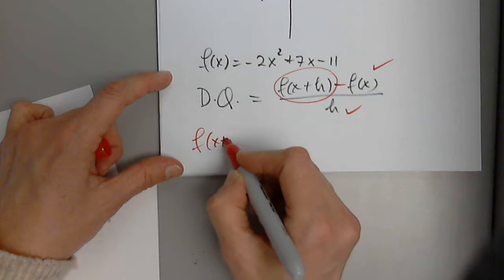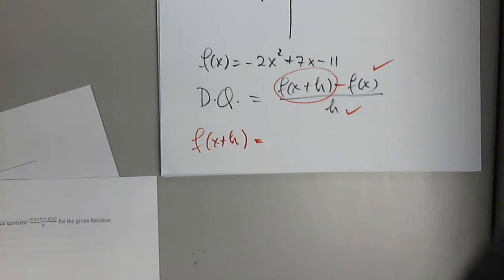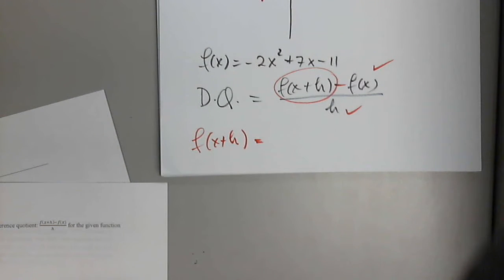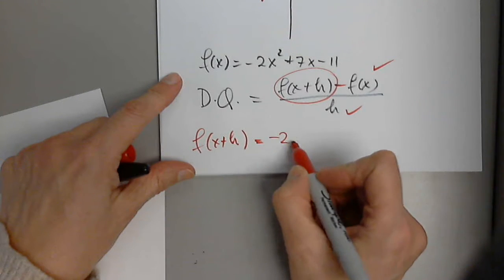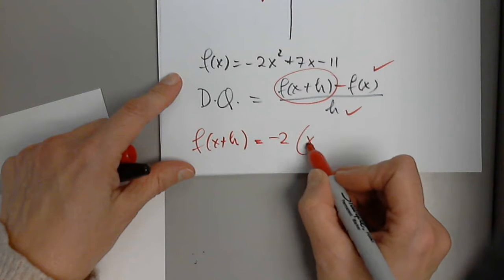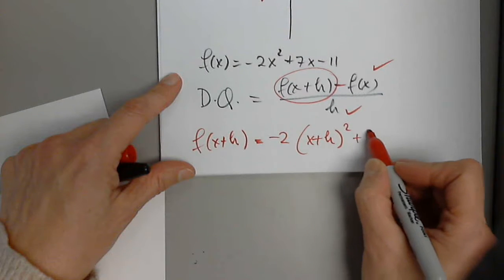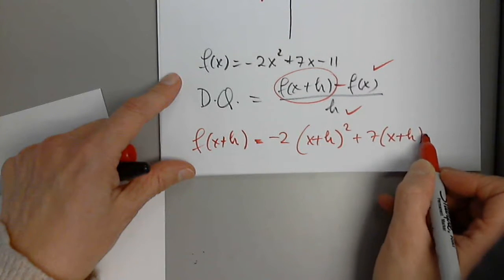So I have to find f of x plus h. How do I find it? In the same way I find f of 3. It's the same way. What do I have to write? Very good, awesome.